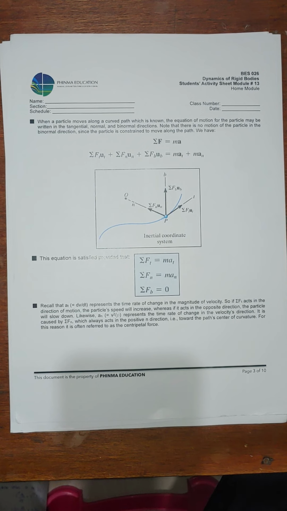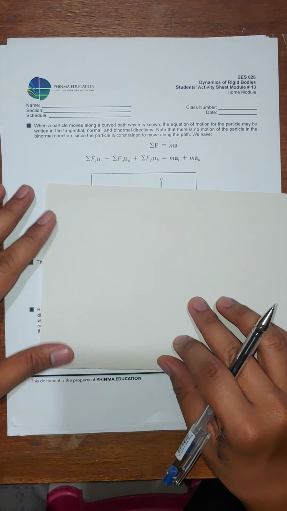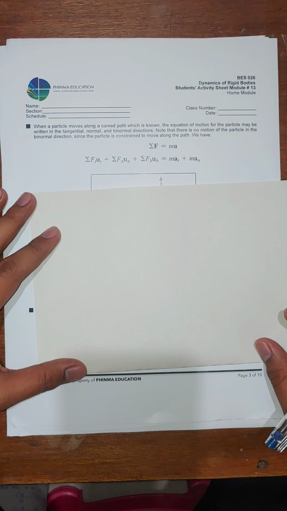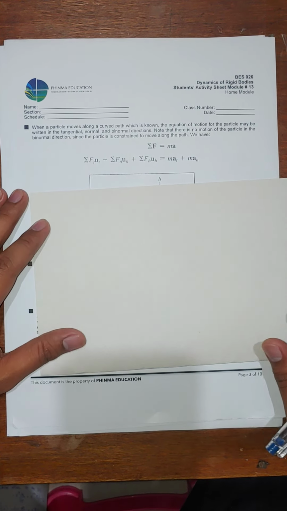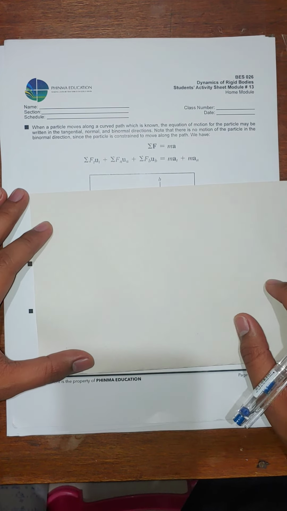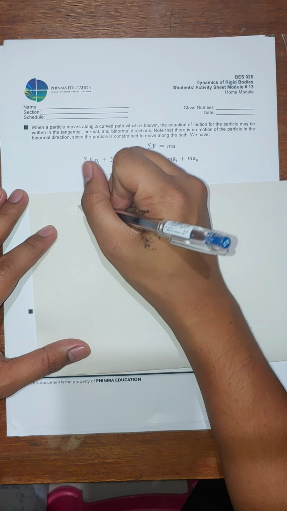Di ba in translation of axis we use the x and y components. But in real life, ang motion kay movement siya into curve or parabolic or circular path. So basta curve na gani, parabolic and circular path, dili na x and y ang gamiton.